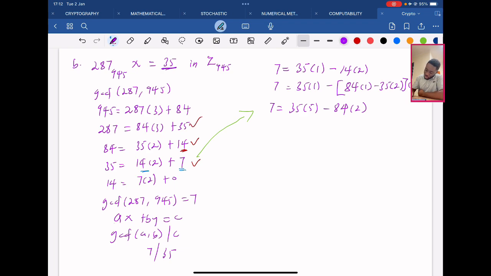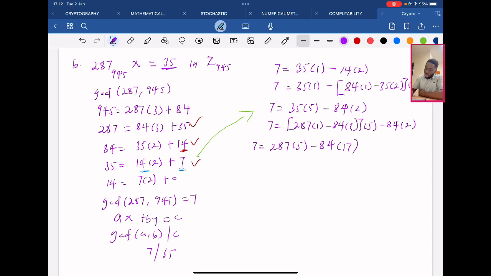We are going to get 7 is equal to 287, which has 1 already, minus 84 multiplying 3, then all multiplying 5, minus 84 multiplying 2. So 7 will be equal to 287 times 5 minus 84 times 17.